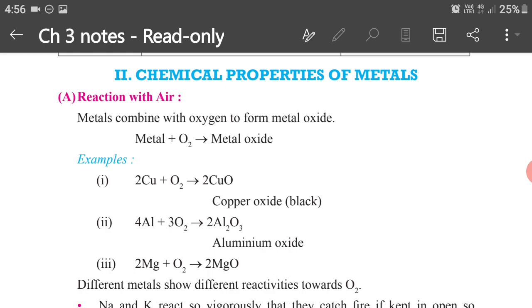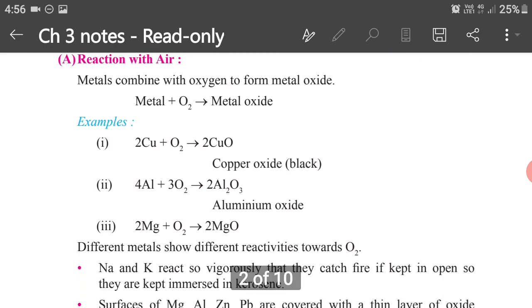Metals when combined with oxygen form metallic oxide, and when we dissolve this metallic oxide in water, most of these metallic oxides are not soluble in water but they produce hydroxide ions.